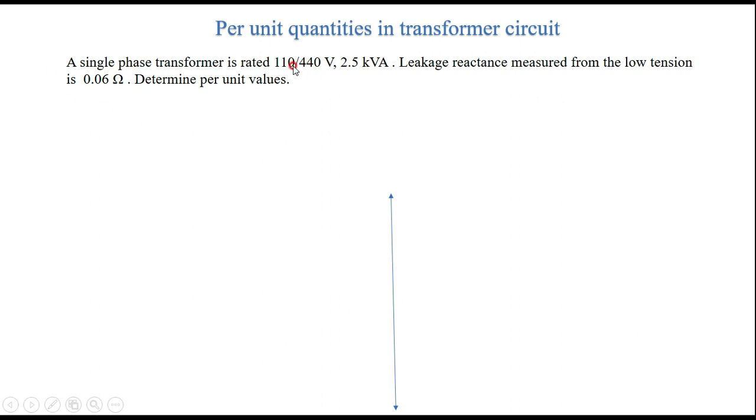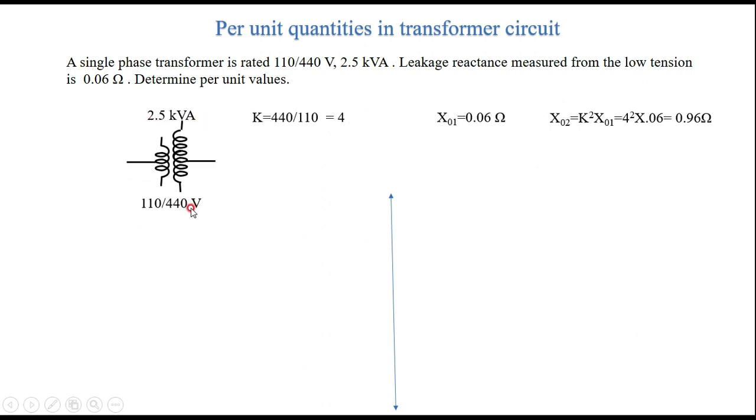That is a single phase transformer having 110 by 440 volts, 2.5 kVA has got leakage reactance of 0.06 ohm in the low tension side. Low tension side means 110 side, that is primary. Just I am drawing here. It is 2.5, it is 110, 440 volts. And its transformation ratio we know that is 440 divided by 110, that what I am getting is 4.